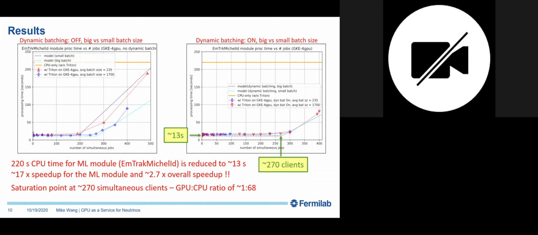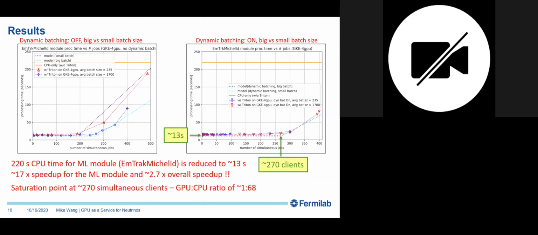The two plots are essentially the same, except for the fact that the one on the left is with dynamic batching disabled, and the one on the right enabled. So dynamic batching is a feature of the NVIDIA Triton inference server, where it runs algorithms to figure out what's the optimal batch size to use. And the different colored points are the different batch sizes that we initially requested.